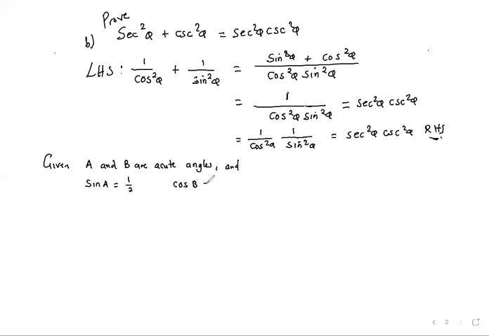Cos B is equal to 3/4. Find 1, tan A. 2, cos of A minus B.